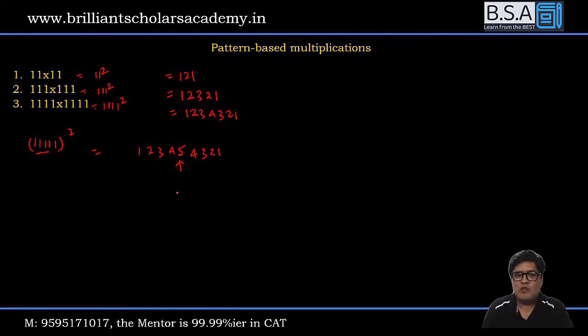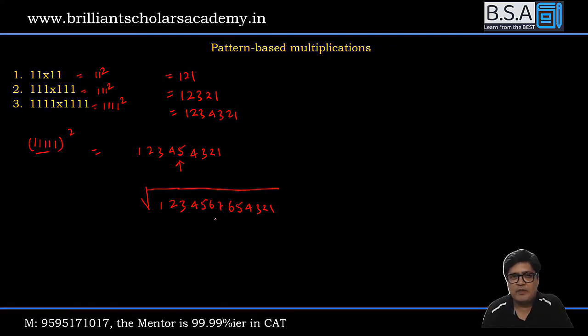I can think in reverse also. If I want to perform a square root of 1234567654321, because the number in the middle is 7, that means 1111111, 7 ones, is the square root of this value.